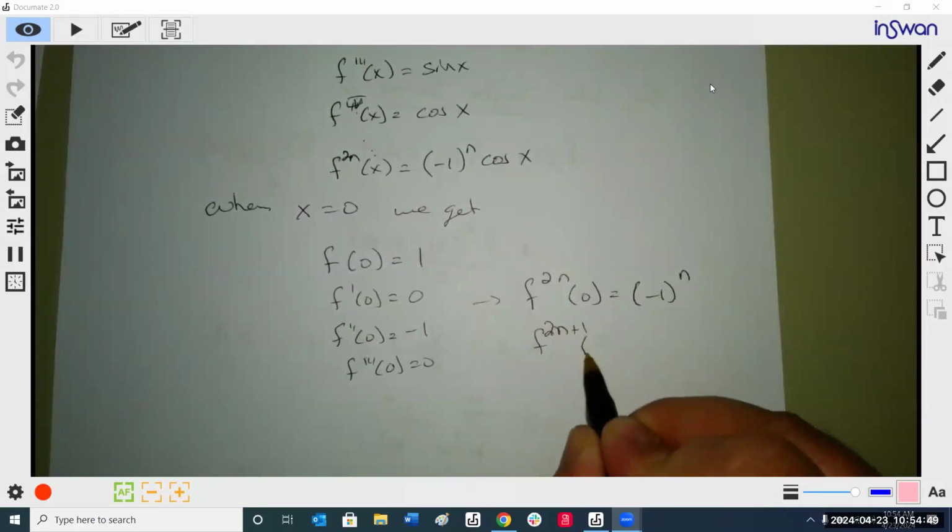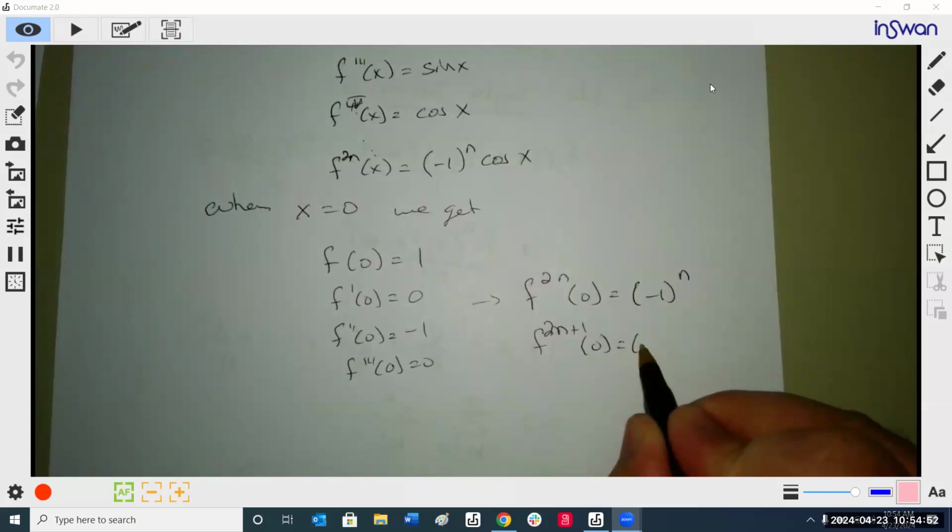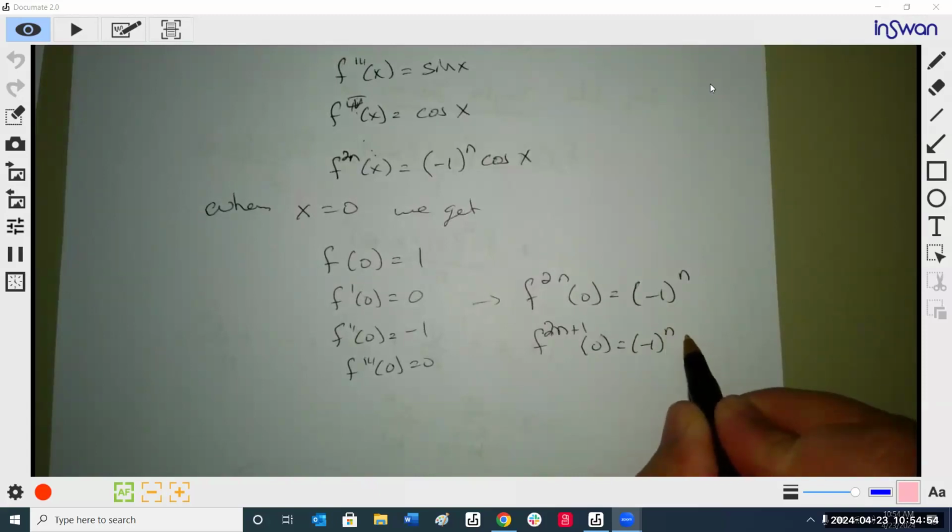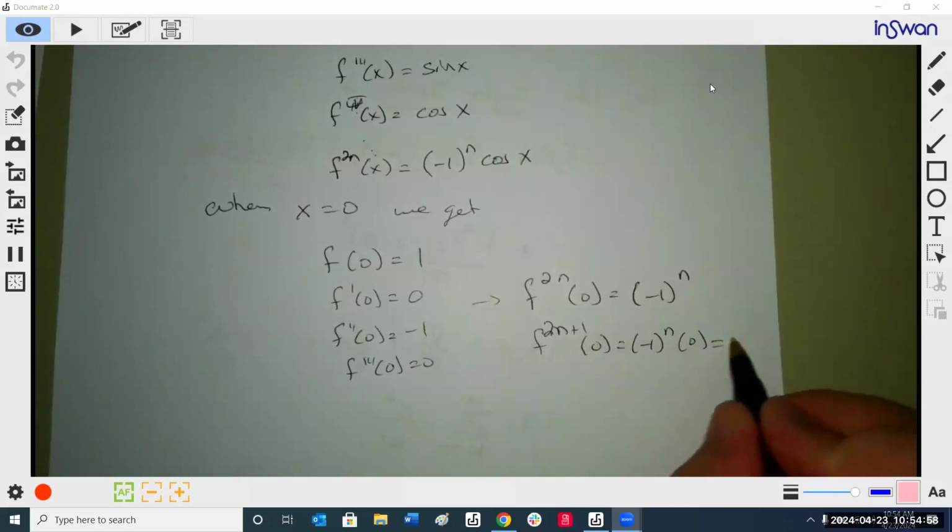Two n plus 1 would be negative 1 to the n times sine, so it'll be 0.